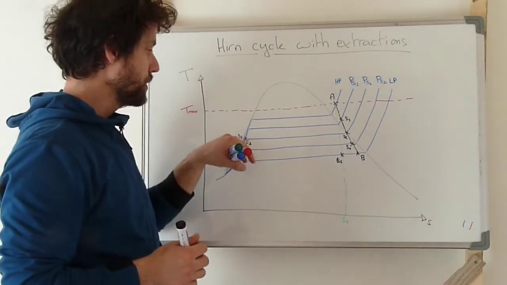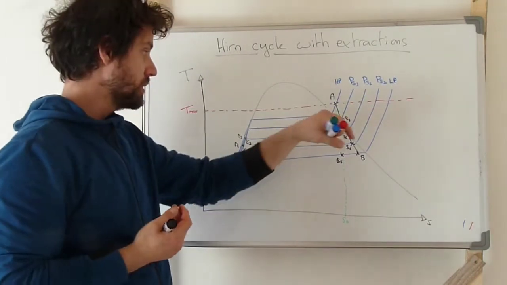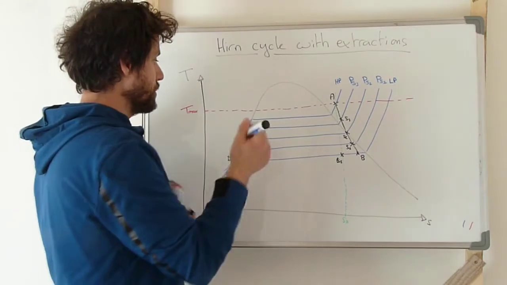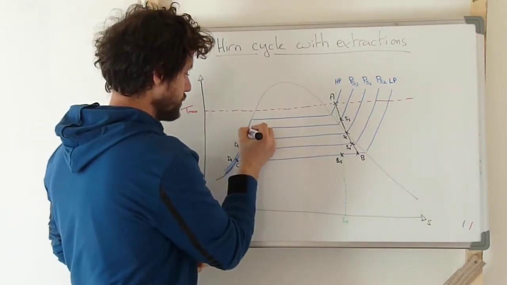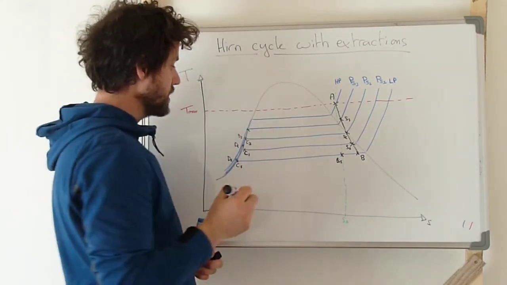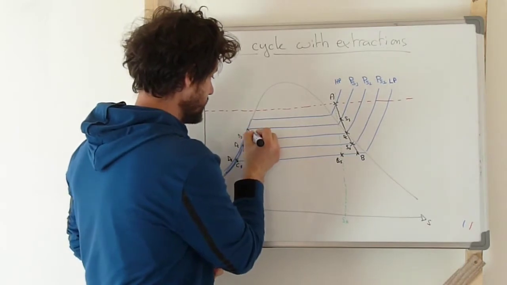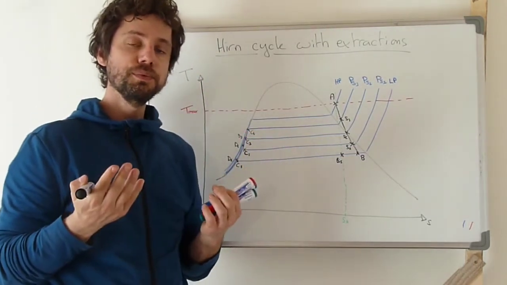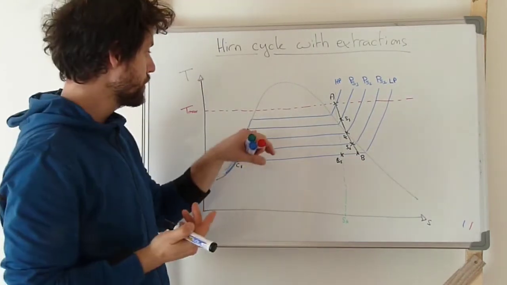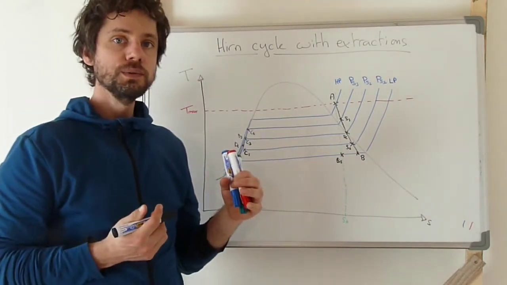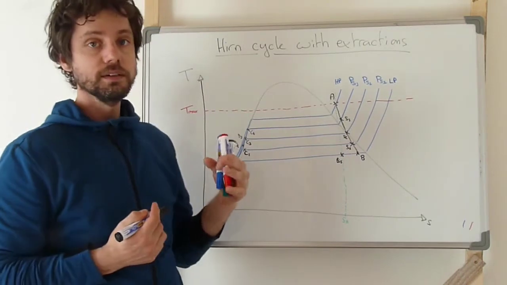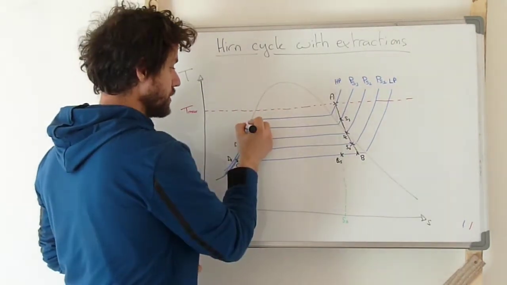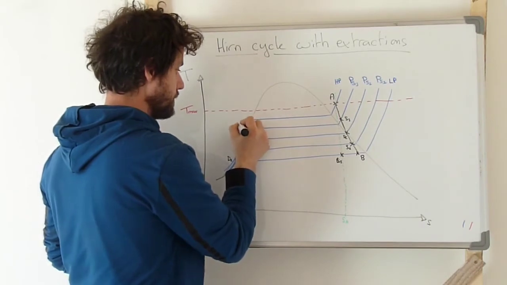Then we have the third mixture between the third extraction and D3, and we will find, for example, somewhere there the mixture that was called point C4. Finally, the last pump is increasing the pressure from C4 to D4, and D4 will be at the high pressure of the cycle here.